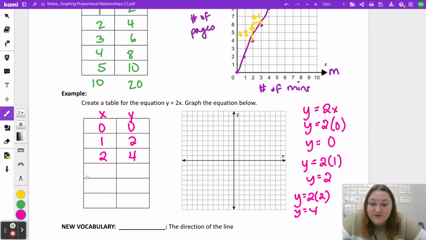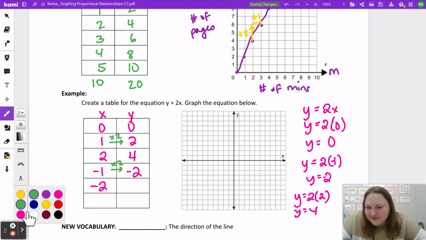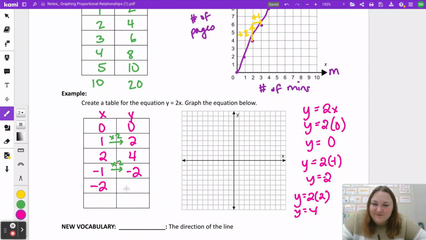So you could also choose a negative number if you wanted. You could choose a number like -1. The same idea, I could replace x with the number -1, and we're going to get -2. The pattern is whatever number I put here, I'm just multiplying it by 2 to get this answer every single time. So if I put -2 there, multiply it by 2, and we get -4.